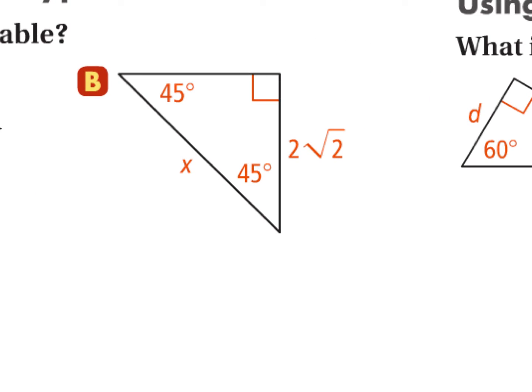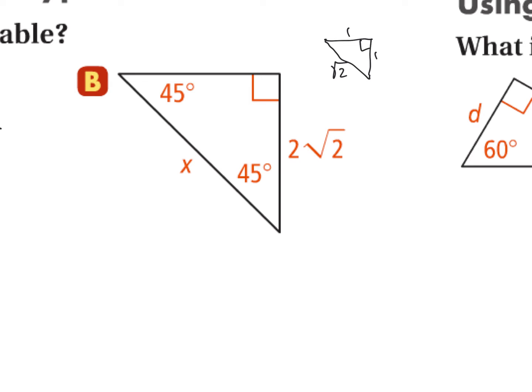Coming over here. Again, notice we have a 45, 45, 90 triangle. So that means it is going to be similar to this one, 1, 1, square root of 2, the 45, 45, 90 isosceles triangle.